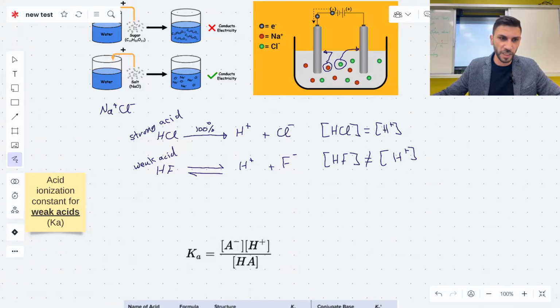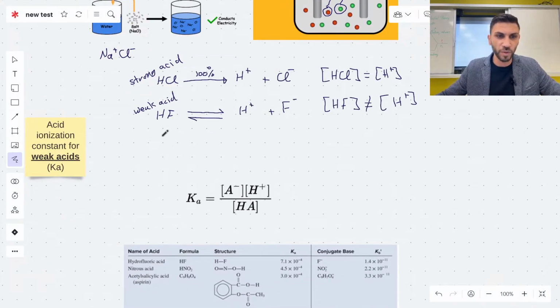In general, if we have a weak acid, for example HA, it will decompose to give you H positive plus A negative, the conjugate base. We have something called the acid ionization constant, which is Ka.